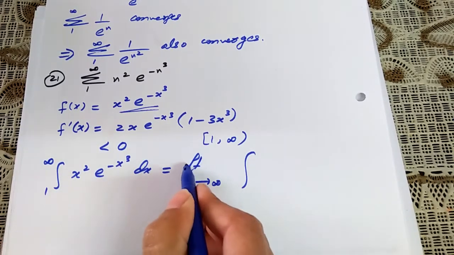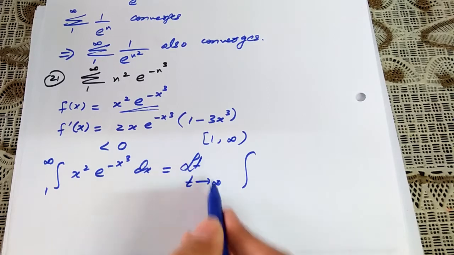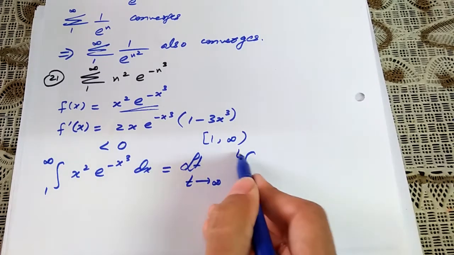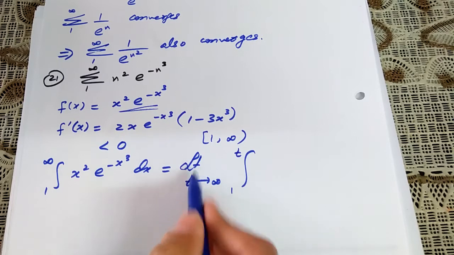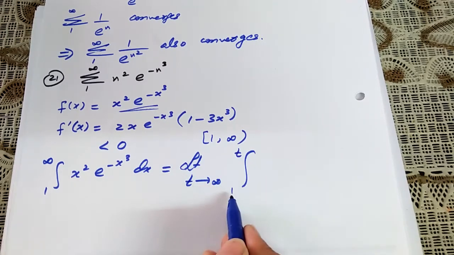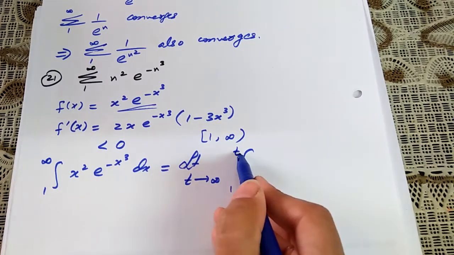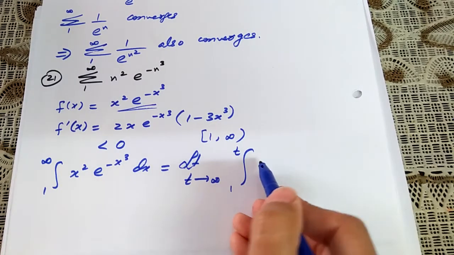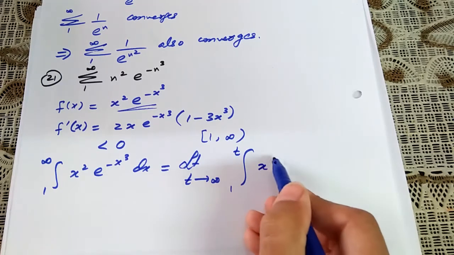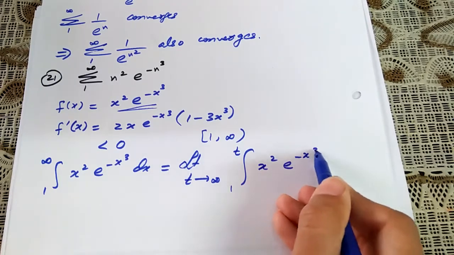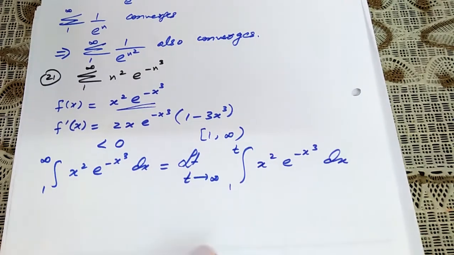Now you have converted it into limit form, so the limits of integration are converted from 1 to infinity into 1 to t, the definite integral, and you have inside x square e raised to power minus x cube dx.